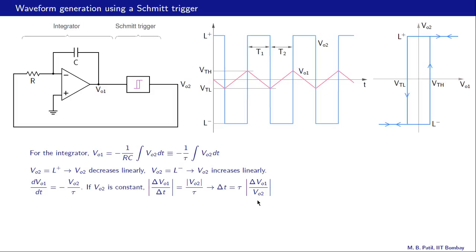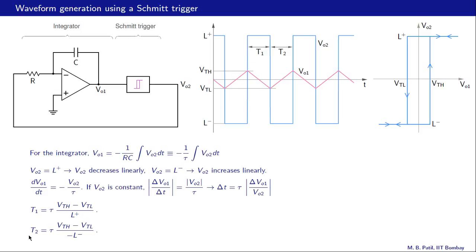And now we can apply that to each of these intervals, T1 as well as T2. That gives us T1 equal to tau times VTH minus VTL, that is our delta VO1, divided by VO2. VO2 is L plus at that time.